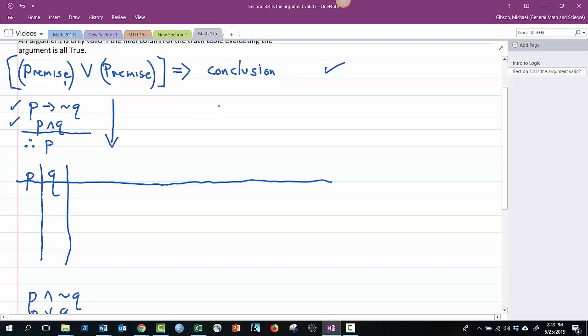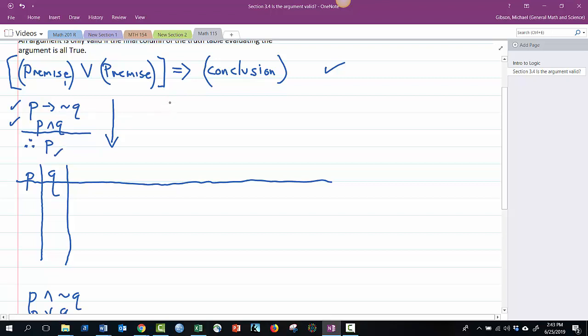Now I didn't put parentheses around it because in this example it's a simple statement. If you had a more complicated conclusion out here that was more than just a single variable, you would put the parentheses. Okay. Now the truth table, again, we're going to follow the same pattern we ever had before. We just have to evaluate this kind of messier statement. Okay. So if this is our thing here, this is what they're given.